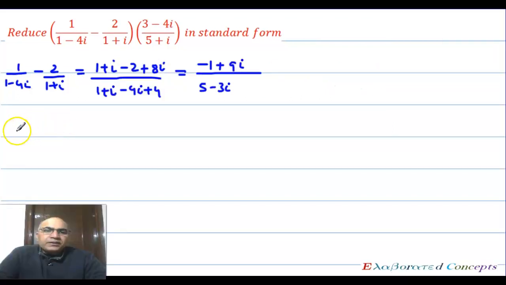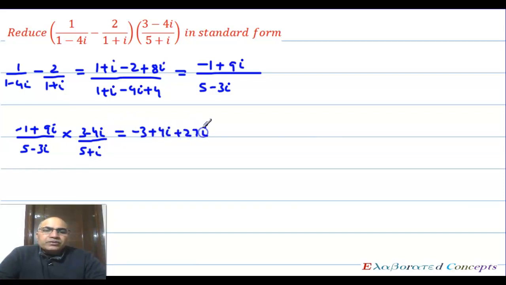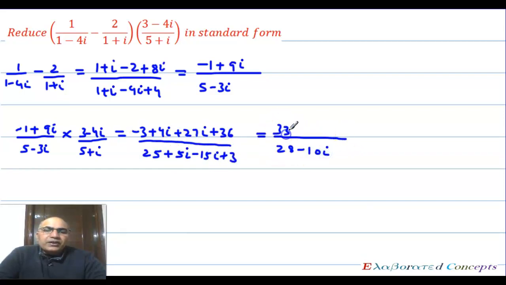Therefore, we get minus 1 plus 9 iota upon 5 minus 3 iota whole into 3 minus 4 iota upon 5 plus iota. On multiplying numerator terms, we get... now we rationalize this by multiplying with 28 plus 10 iota in numerator and denominator.